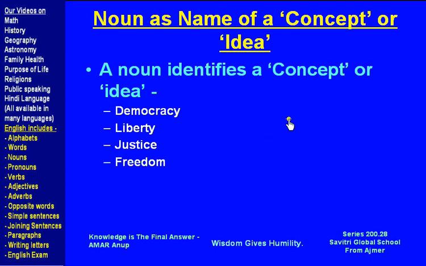Now examples of words that indicate a concept or idea as nouns: democracy is a concept, liberty is a concept, justice is a concept or idea, and freedom is similarly a concept or an idea. So they are all also nouns. Nouns include many words, so it's good to know that all these are nouns too.